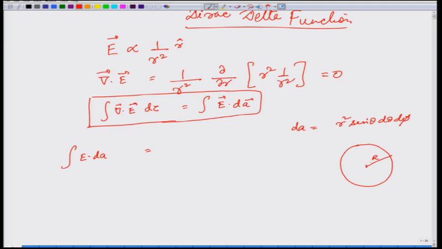So it will come out to be 1 by r square into r square sin theta d theta d phi, where theta goes from 0 to pi and phi goes from 0 to 2 pi, and we get 4 pi.